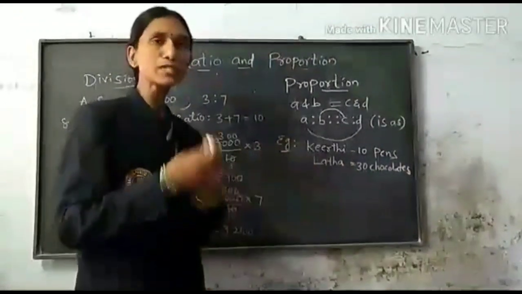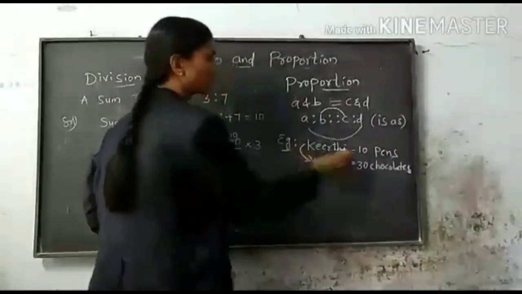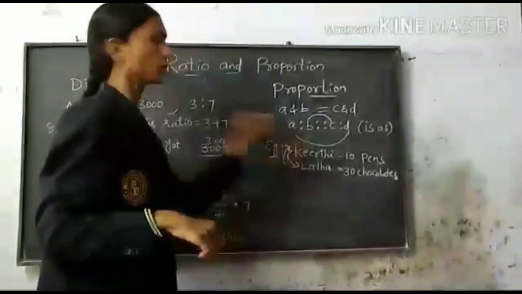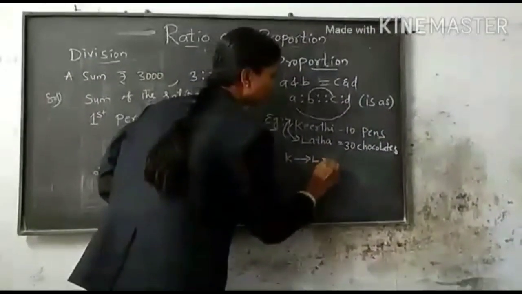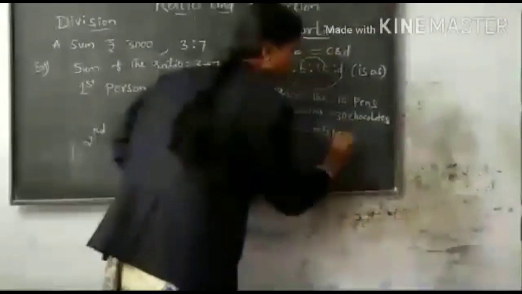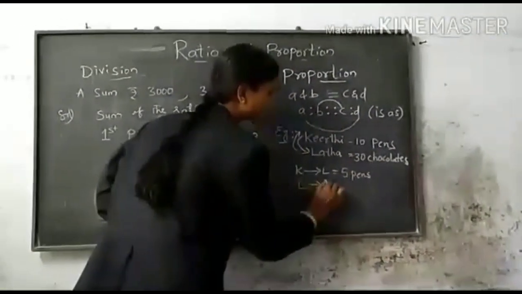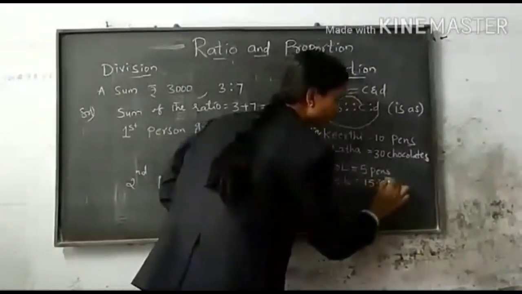They want to share among themselves. So Kirti gives Lata 5 pens, and Lata gives Kirti 15 chocolates.